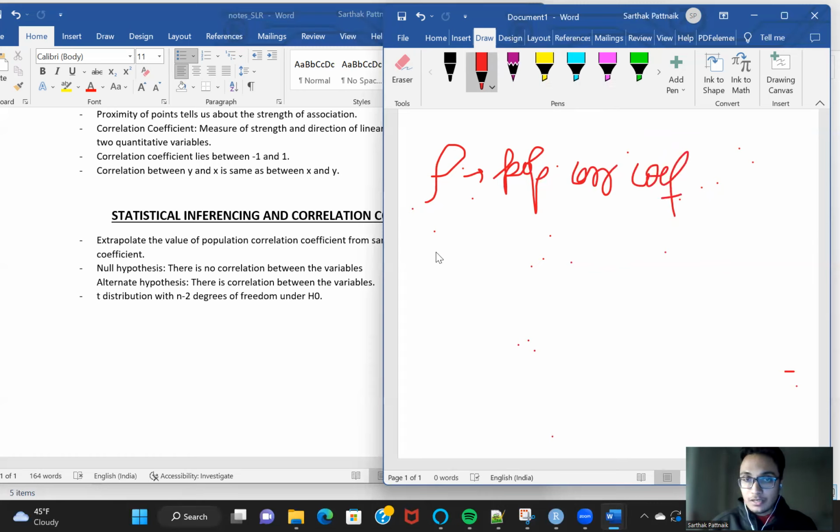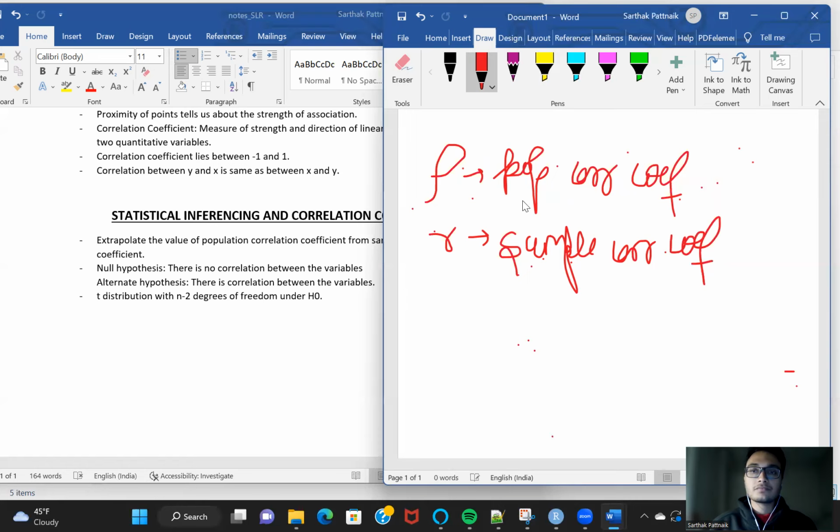What I have with me is r, nothing but my sample correlation coefficient. This is what we have. This is what we need to find out.